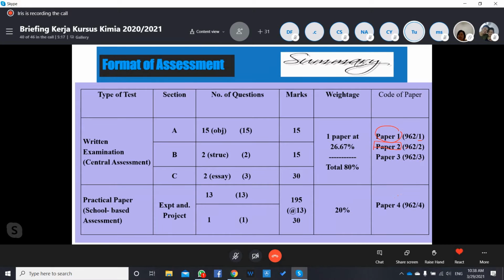And paper 4 is your project. So each written paper, the weightage will be around 26.67%. Times 3, rounded up, is 80%. I hope you understand.